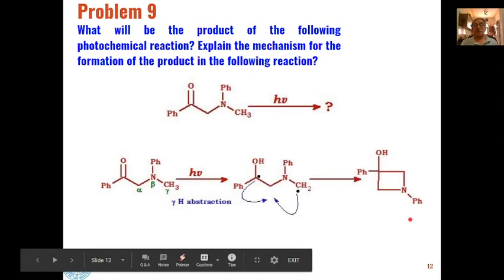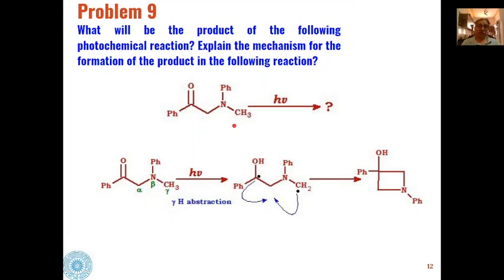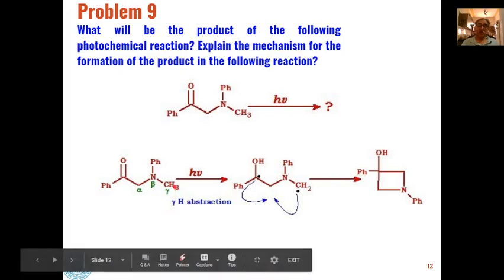Then is problem 9. What will be the product in the following photochemical reaction and how is the product formed? Again, if you see the structure of this compound, this is alpha carbon, this is beta nitrogen, and this is gamma carbon.